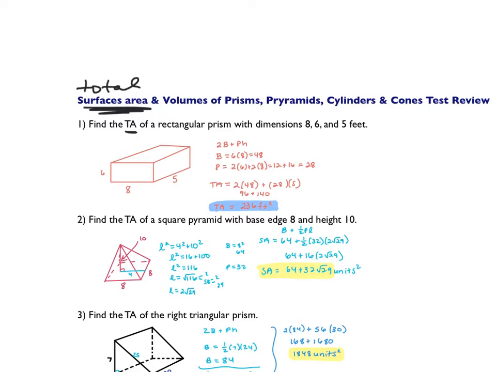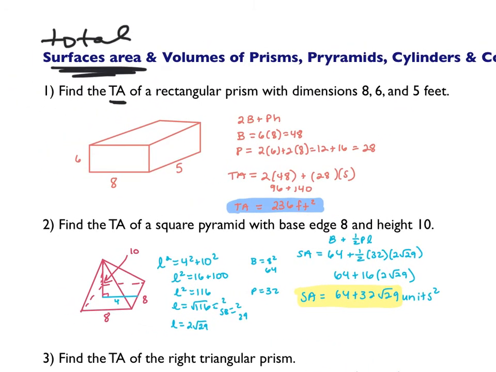Some of them, just like before, you're going to write in your answers. Now, on the test, it's going to say, only put the numeric part. Don't worry about units. So, for example, if number 1 were a free response question where you don't have multiple choice questions to choose from, in the box, all you would have to put is 236.